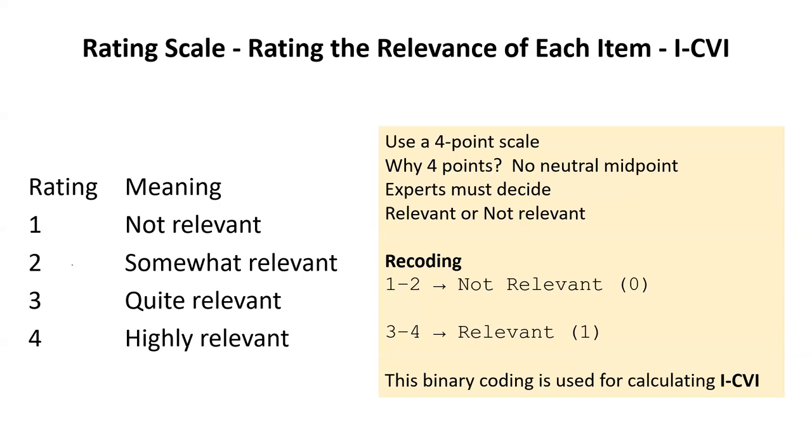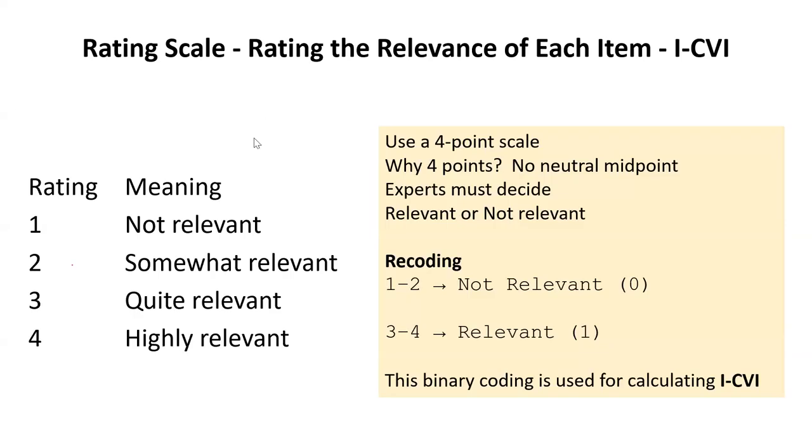So 1 and 2 are usually clubbed together as not relevant, and 3 and 4 are clubbed together as relevant. You can do the further analysis using this binary coding. That means for each item, for each expert, the response has to be converted from the 4-point scale to binary coding.